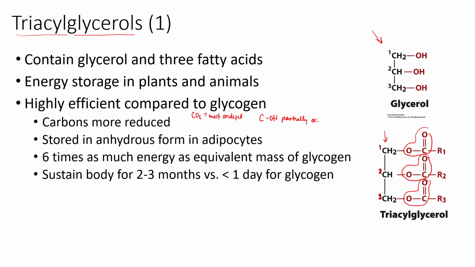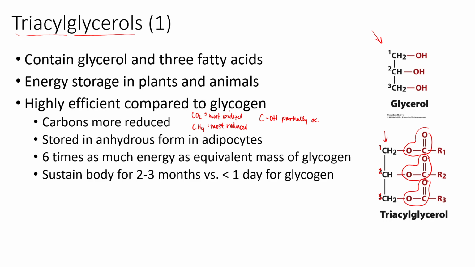But if you're thinking about a fatty acid, most of those carbons have all hydrogens on them. In fact, the most fully reduced carbon you can think of is methane, because it's a carbon with all hydrogens on it. This is the most reduced type of carbon. So if you start out with carbons that are more reduced, you have more potential for oxidation events on those carbons.